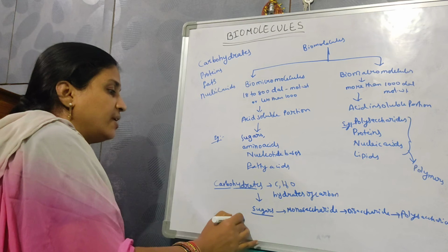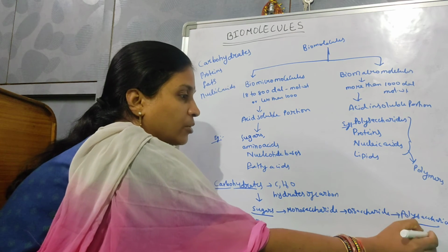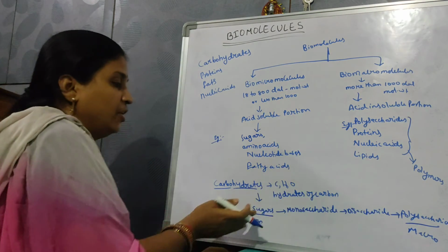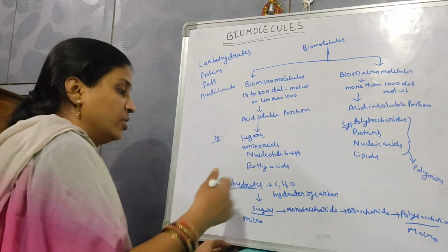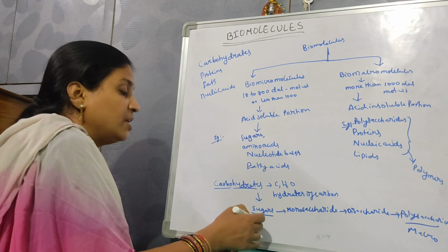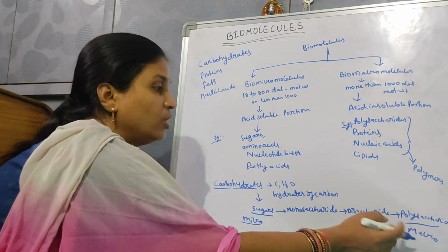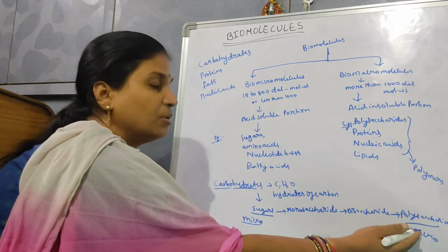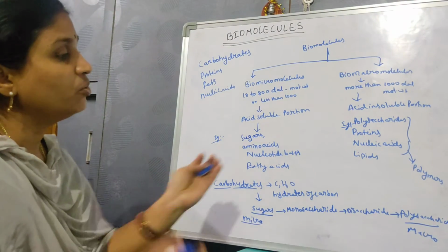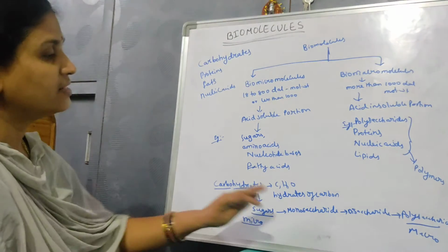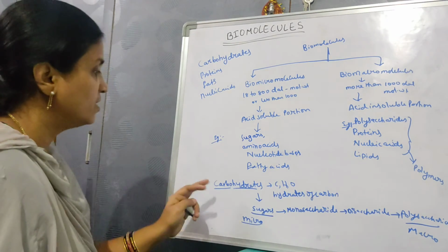So these sugars are micro, whereas these polysaccharides are macro. So it is nothing but a polymer. From the combination of the simple sugars, they form a complex molecule. The polymer of sugars is nothing but polysaccharide. The simple one is the saccharide, which is micro. Polysaccharide is macro. This is about carbohydrates.